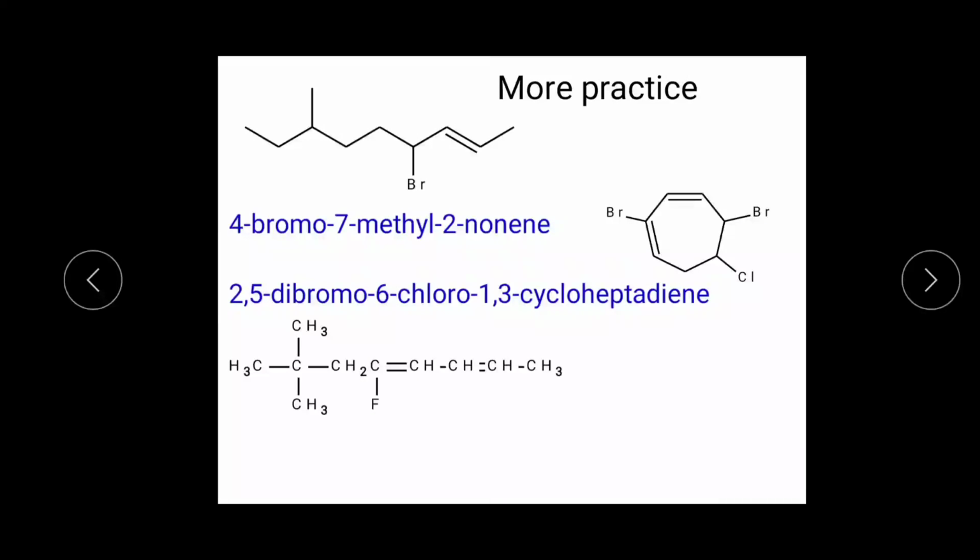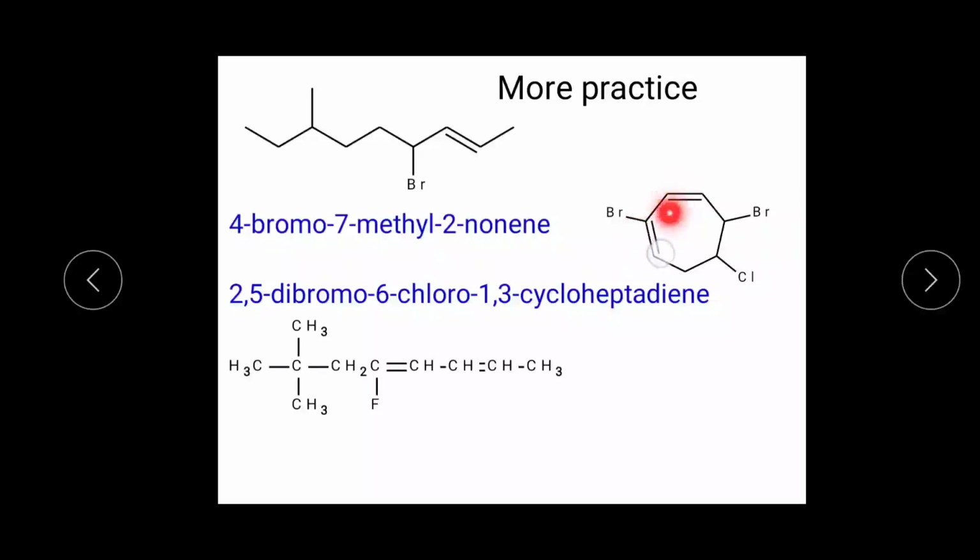Okay, we will begin the counting on this part. Since this is a ring structure, this is a cyclo. Since there are 7 carbons, this is a cyclohepta.